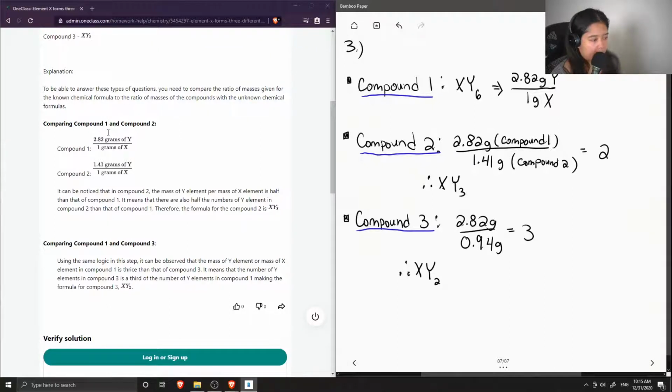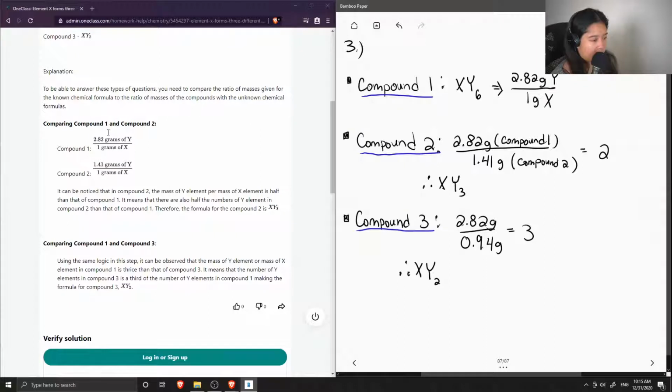It can be noticed that in compound 2, the mass of Y element per mass of X element is half than that of compound 1. It means that there are also half the numbers of Y elements in compound 2 than of compound 1. Therefore, the formula for compound 2 is XY3.